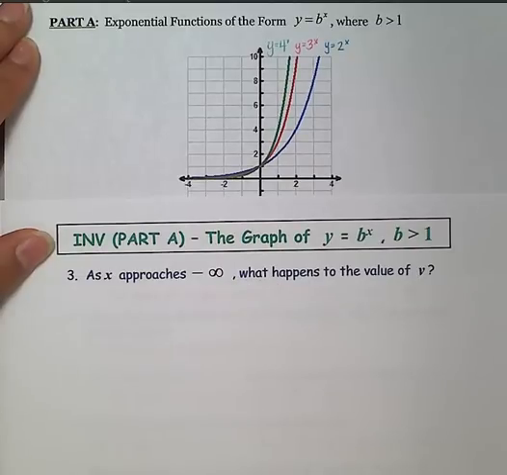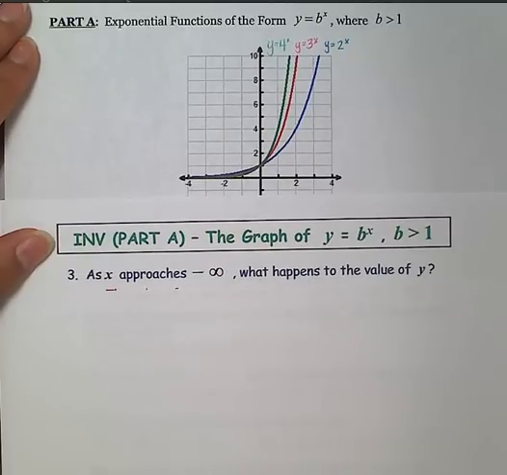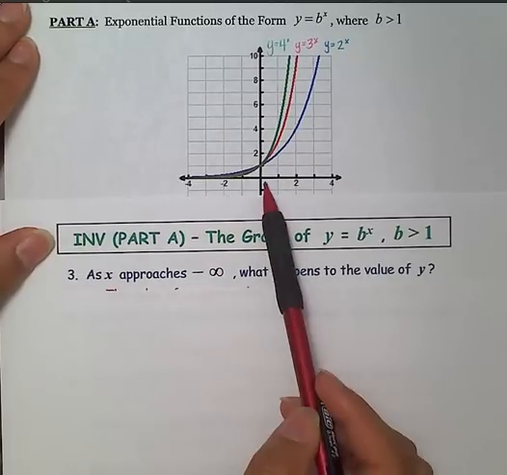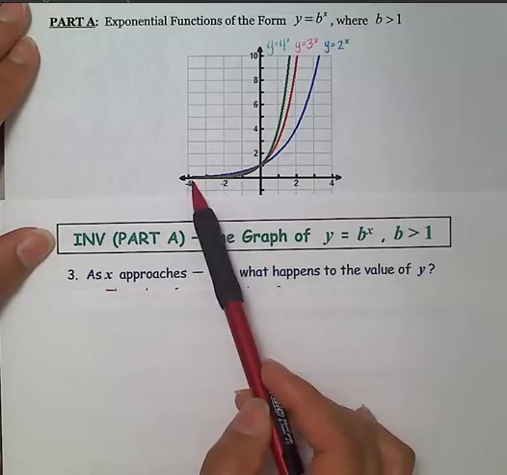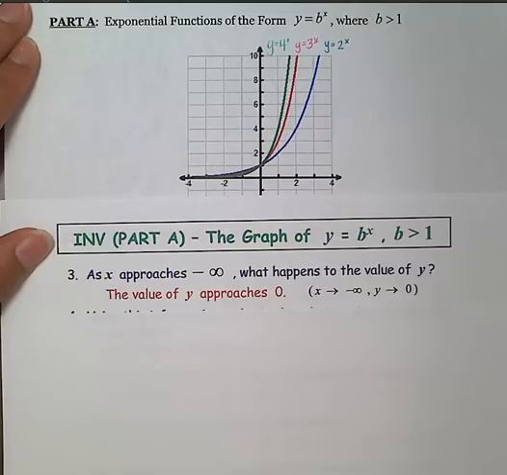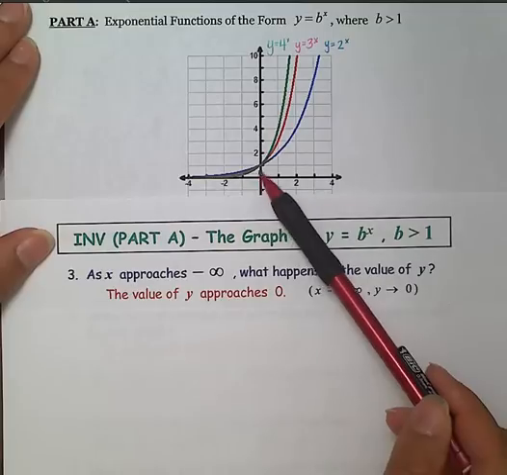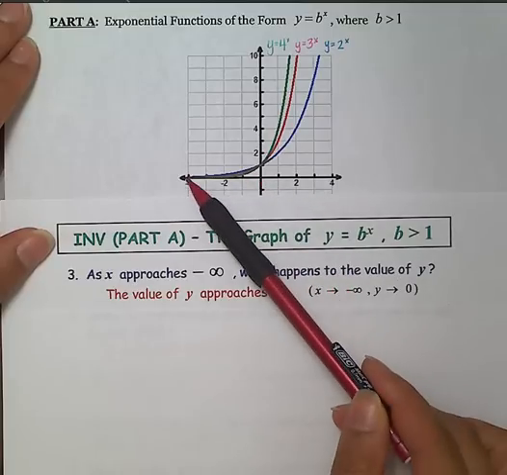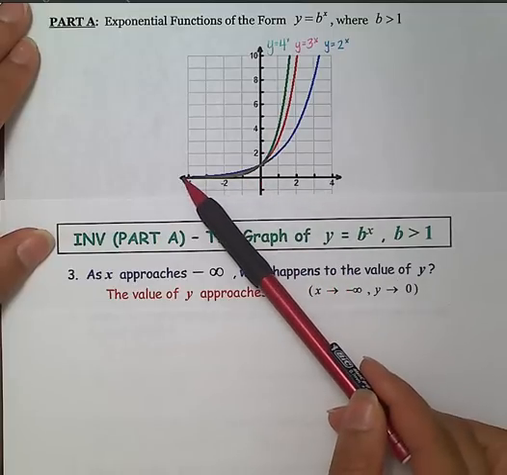As I look at values of x that get smaller and smaller, the value of y is decreasing towards 0. So as x gets smaller and smaller, y gets closer and closer to 0.